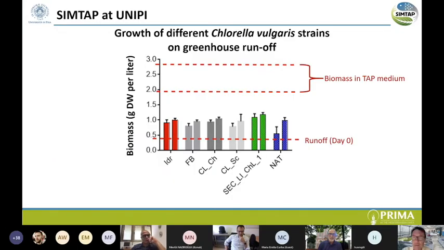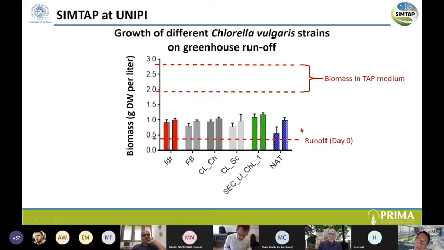And of course, using the runoff coming from other greenhouse crops, the runoff is not suitable at the best level for growing microalgae, but anyhow, we can reach a good density, as you can see, up to 1 gram per liter, instead of 2 or 3 that can be reached with a good medium for microalgae.